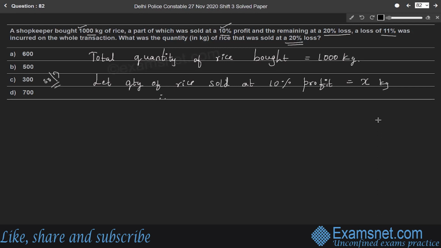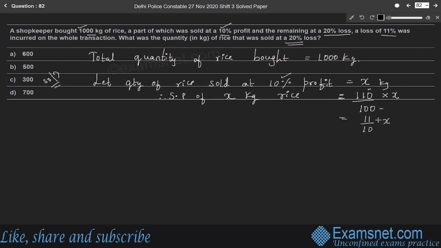Therefore, the selling price of x kgs of rice becomes, as it is a profit of 10%, 110 for 100 kg of rice. So for 100 kg of rice, the selling price was 110 rupees. Therefore, for x kg of rice, the selling price is 11 by 10x.